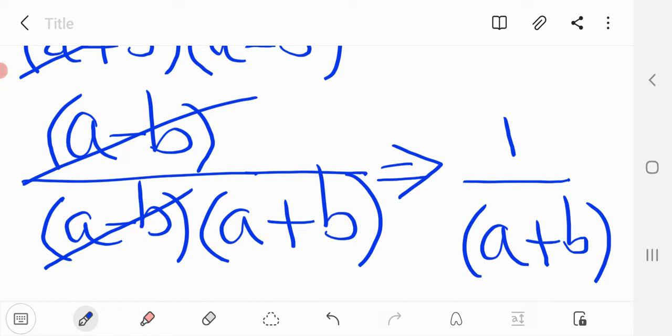But if there is no possibility of cancellation, neither in the numerator nor in the denominator, then think about whether there might be any factor which we can cancel. But if there are no factors available for cancellation, then the factor might be written in a linear form or maybe in quadratic form.